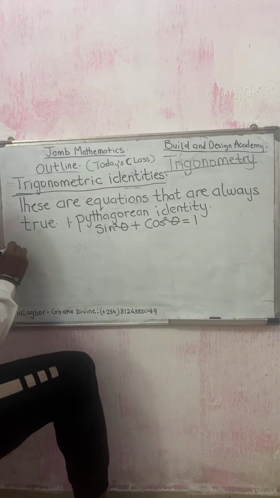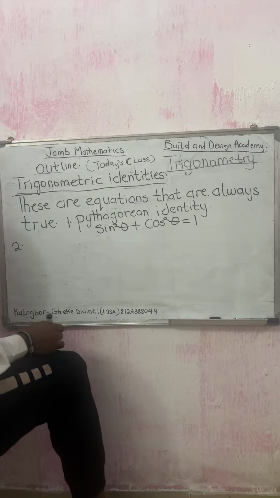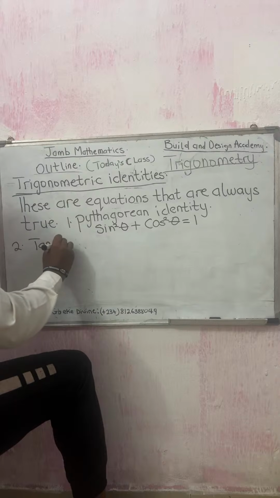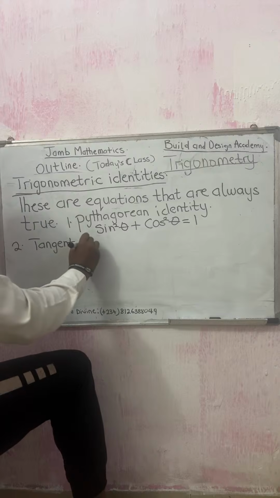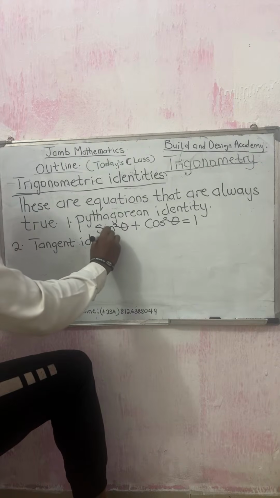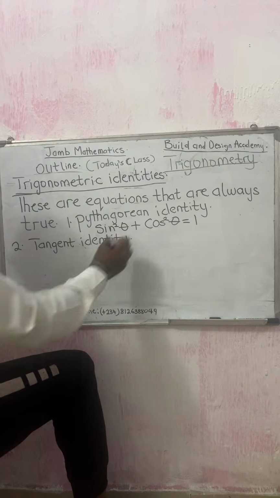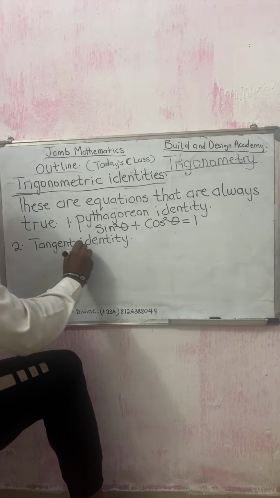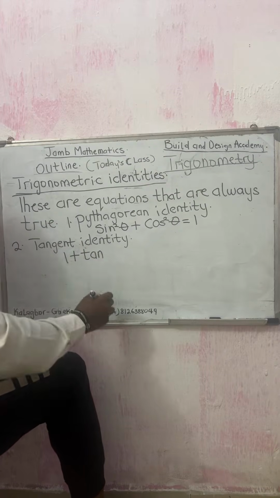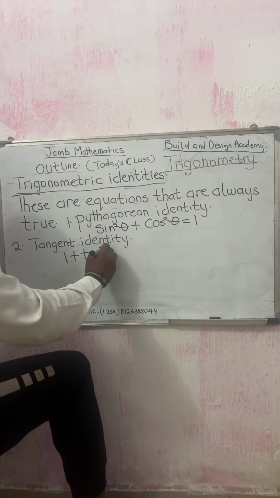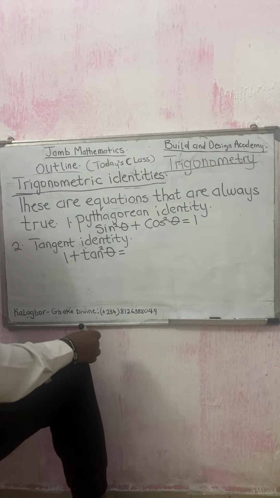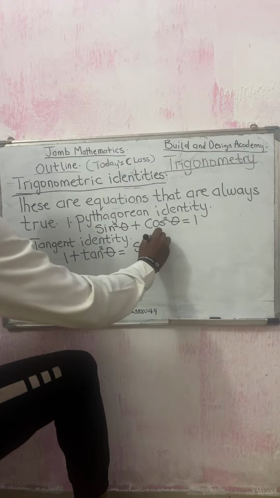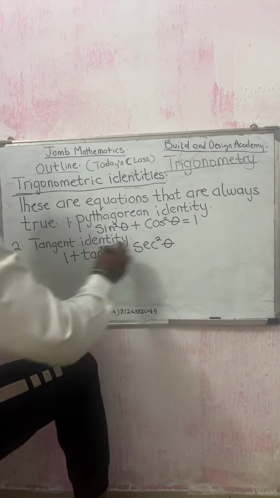For the second one, we have the tangent identity. For the tangent identity, we have that 1 plus tan square theta is equal to sec square theta.